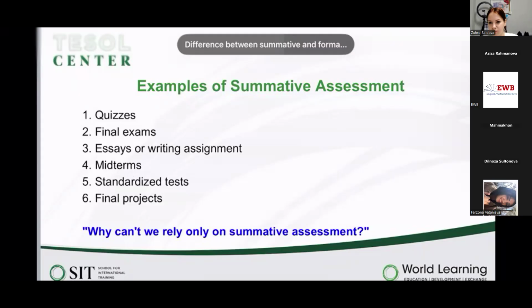So we use these kinds of tools to check the progress of our students. So here is the question: why can't we rely only on summative assessment? Even if it's the type of assessment that measures learning, can we only rely on summative assessment or not?